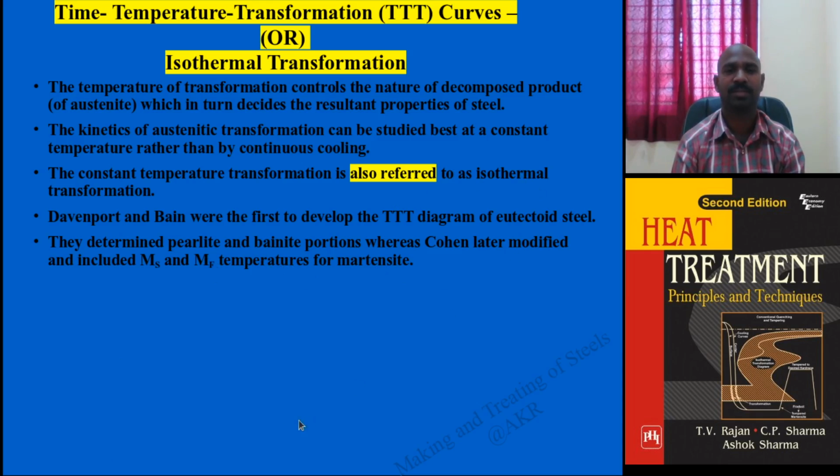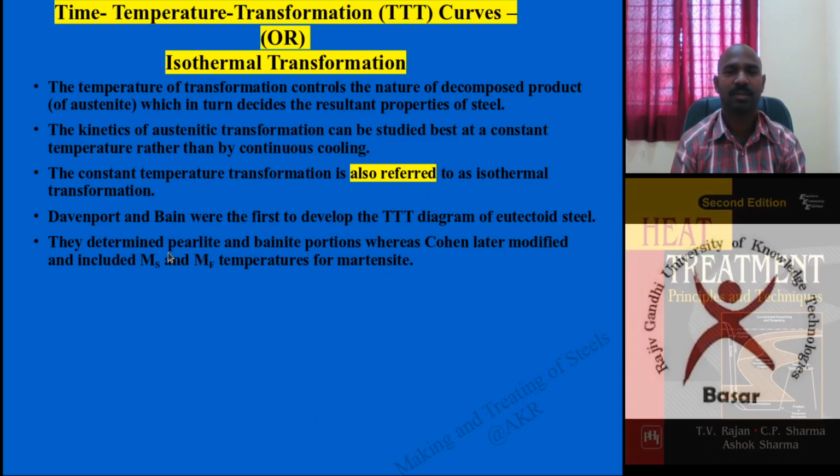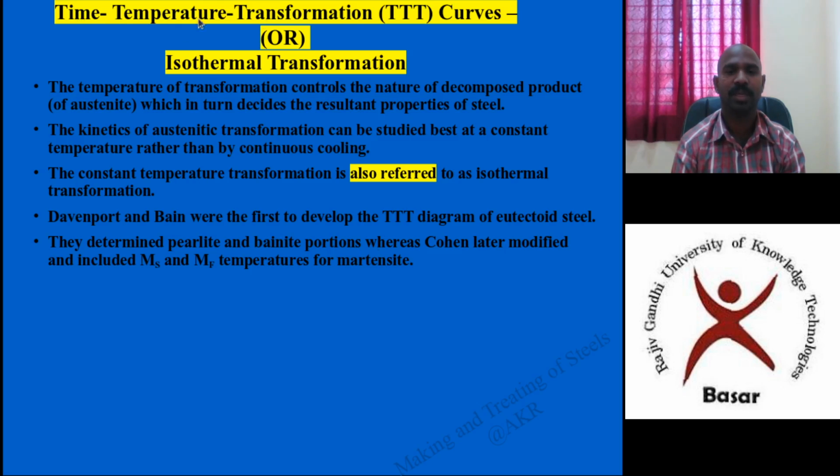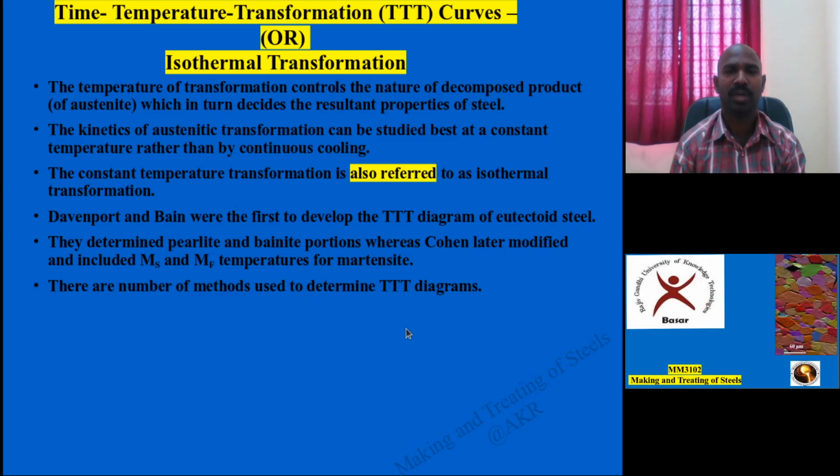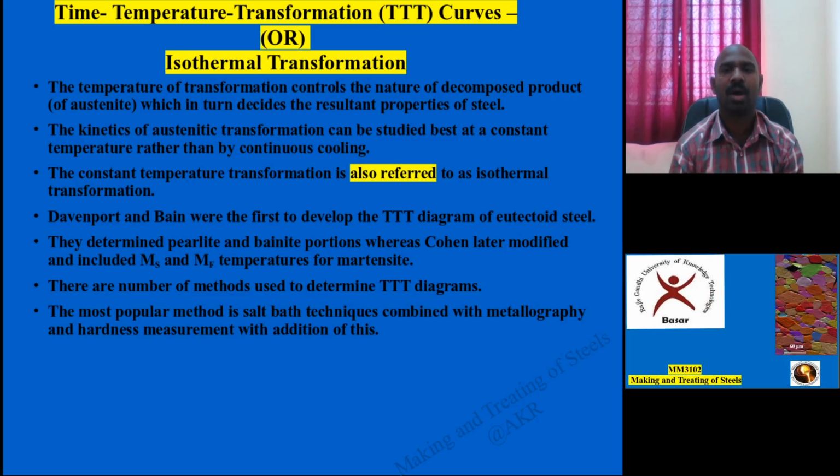Now we are studying the combination of phases, which is termed the time temperature transformation diagram. There are a number of methods to determine the TTT diagrams, that is, to draw the TTT curves. The most popular technique is the salt bath.